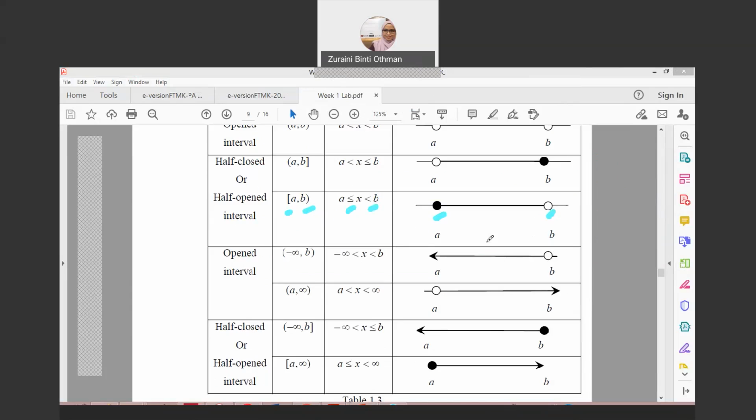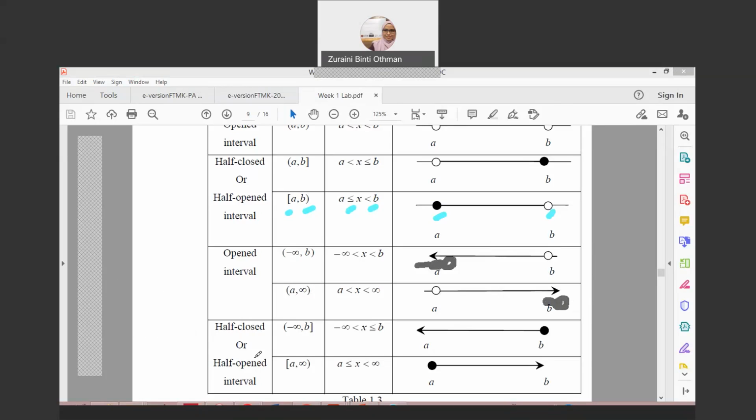So sekarang, okay, yang ni betulkan dia bukan yang ini. Maksudnya yang ini ialah daripada negative infinity. Maksudnya B tak termasuk B sehingga negative infinity. Okey, kat situ. Kalau open interval daripada A sehingga positive infinity, maksudnya tak termasuk A sehingga positive infinity.